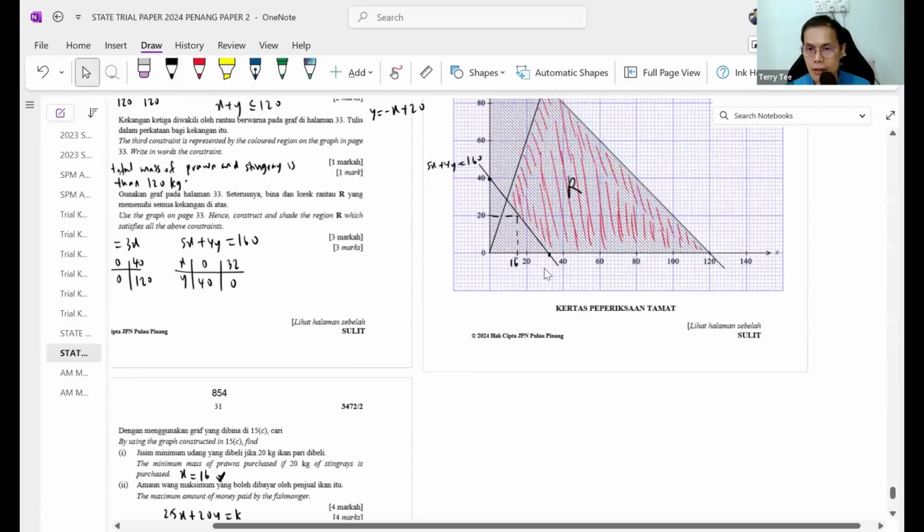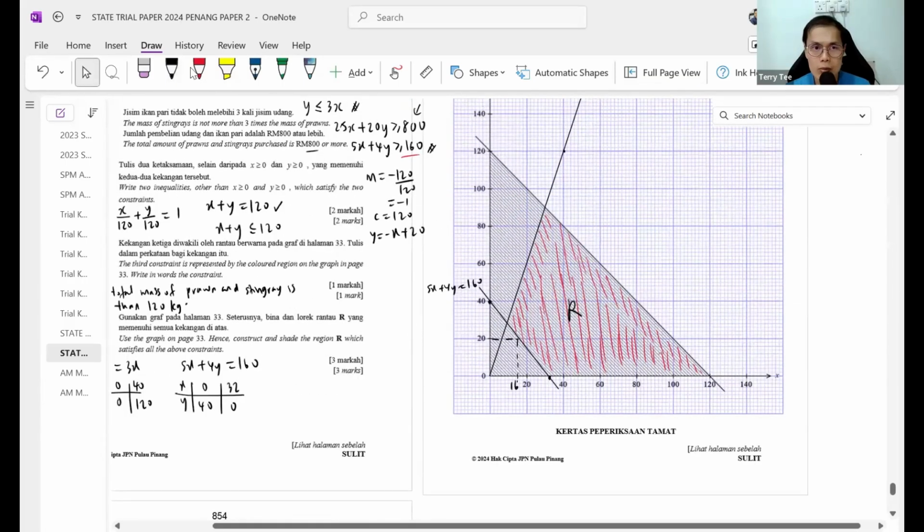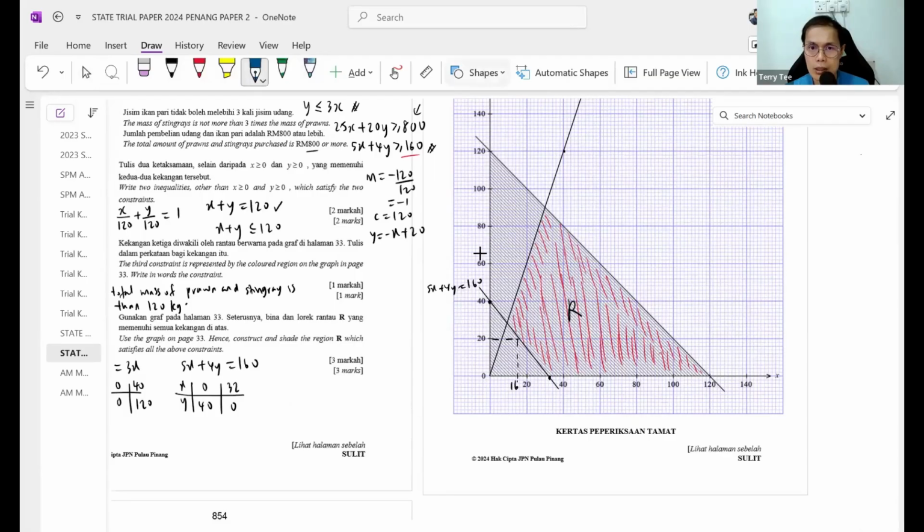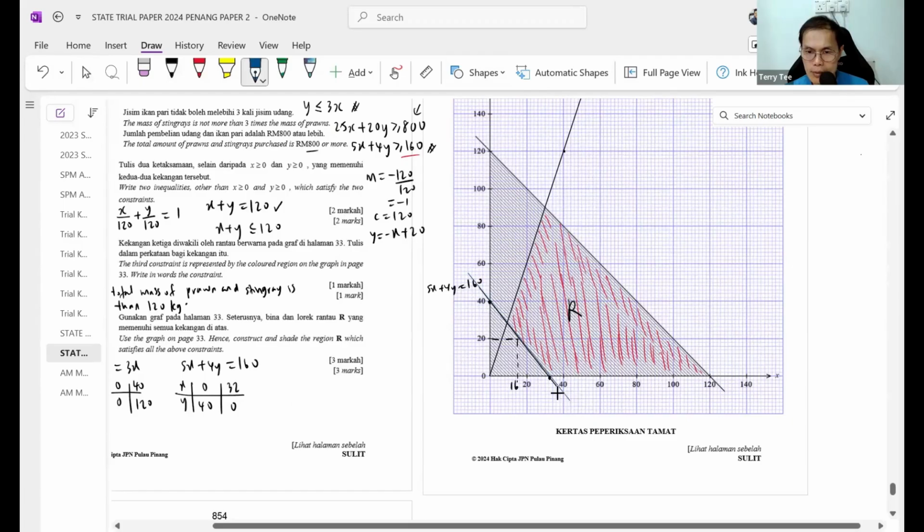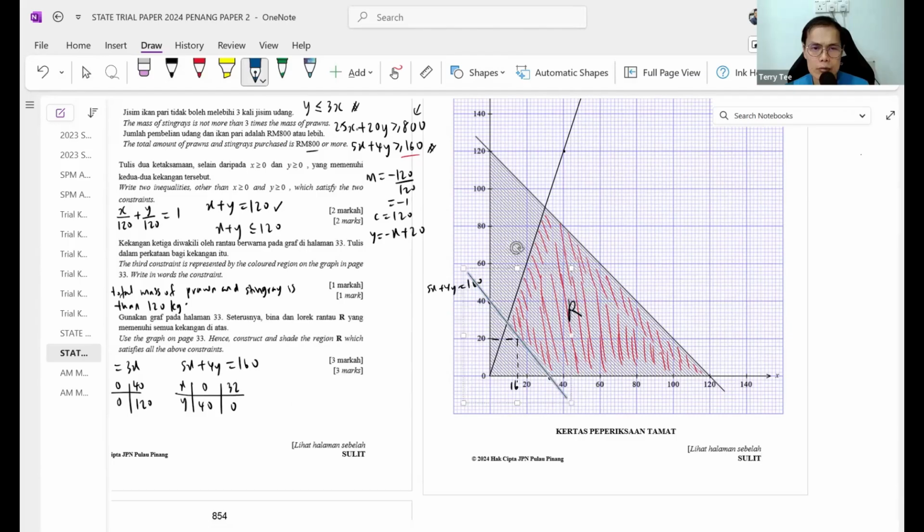We need to find it from the graph. So we draw another line on the graph, maybe in a different color. This is the blue line. This line must be parallel because it is the objective function, 25x plus 20y. It is parallel to the line that we got initially.